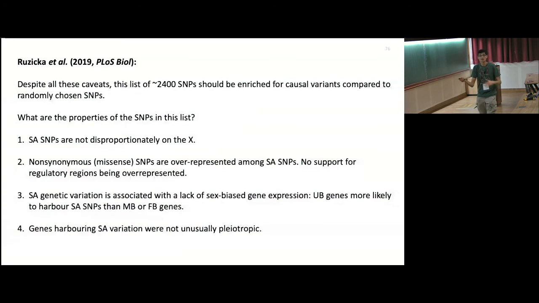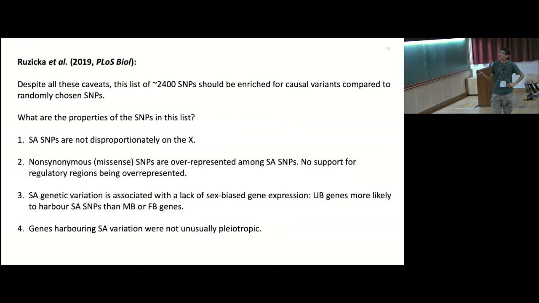So this is not really strong evidence against them being found on the X, but they thought they would look and try nonetheless, and they couldn't find any. They did find that non-synonymous SNPs are overrepresented amongst the sexually antagonistic SNPs compared to SNPs at large across the genome. So that's kind of interesting.